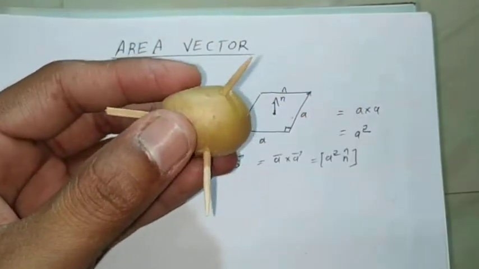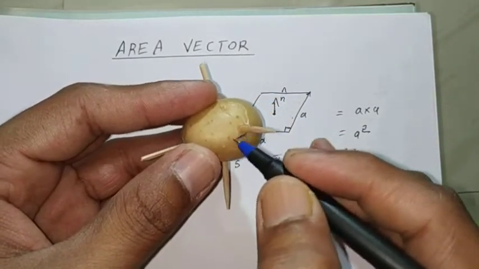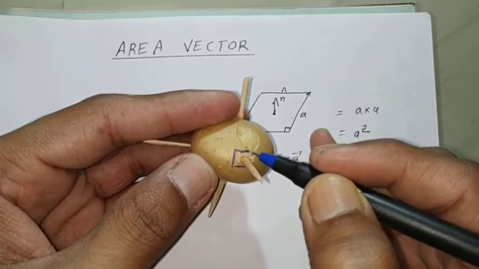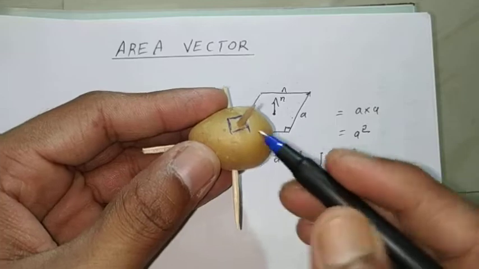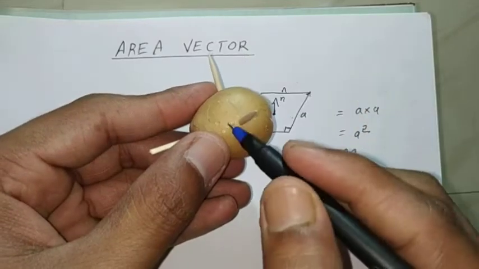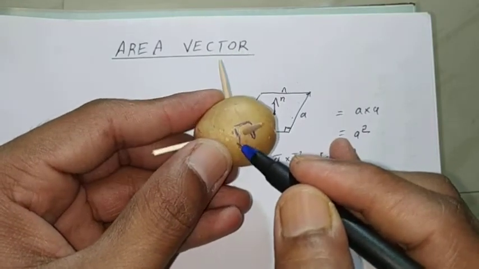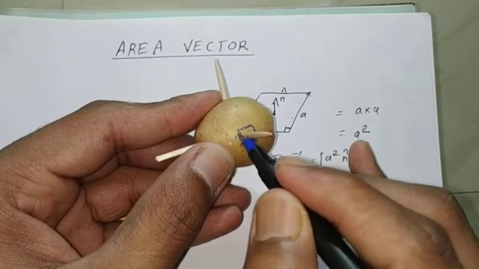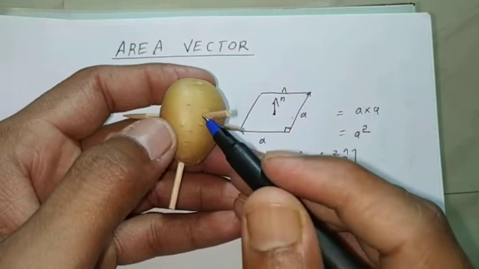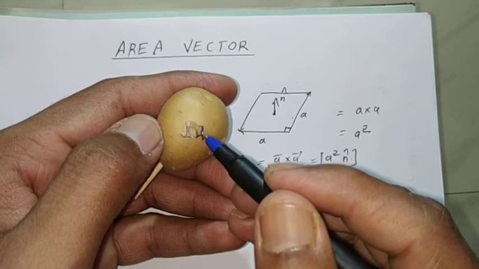For every small surface, if I take this very small surface and consider it, then the area vector will be perpendicular to this small surface. Or if I take this other surface, the area vector will be perpendicular to that surface only.